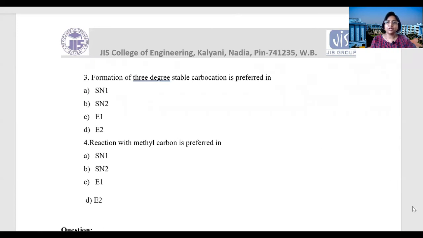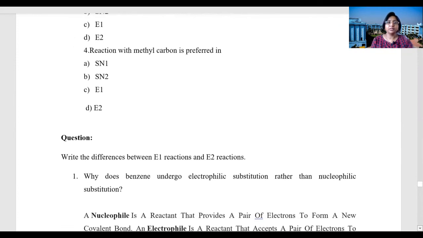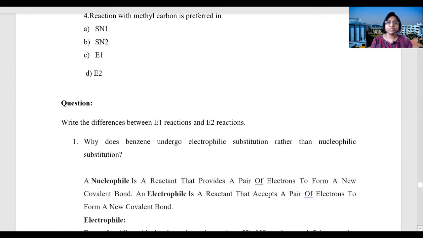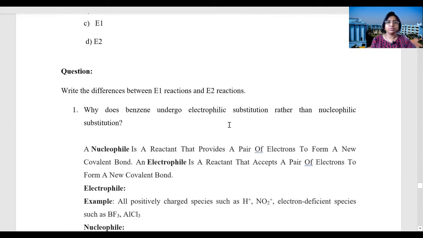Next, the short answer type questions. Question number 1: write the difference between E1 reactions and E2 reactions. So you can write very well what is E1 reaction and what is E2 reaction. E1 is unimolecular and E2 is bimolecular.